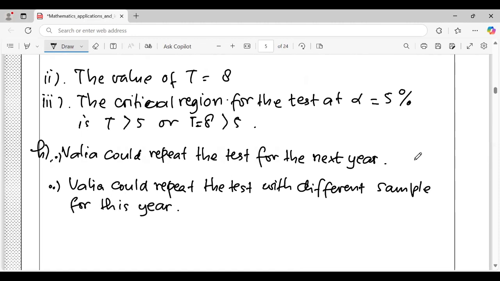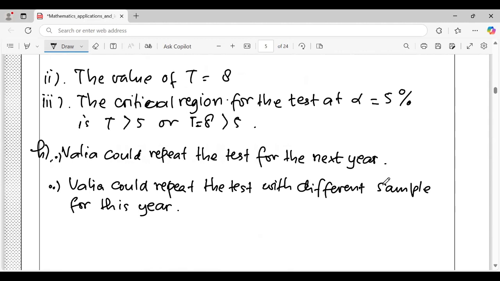If Valia would like to repeat the test with the same sample, she has to repeat the test on the next year.